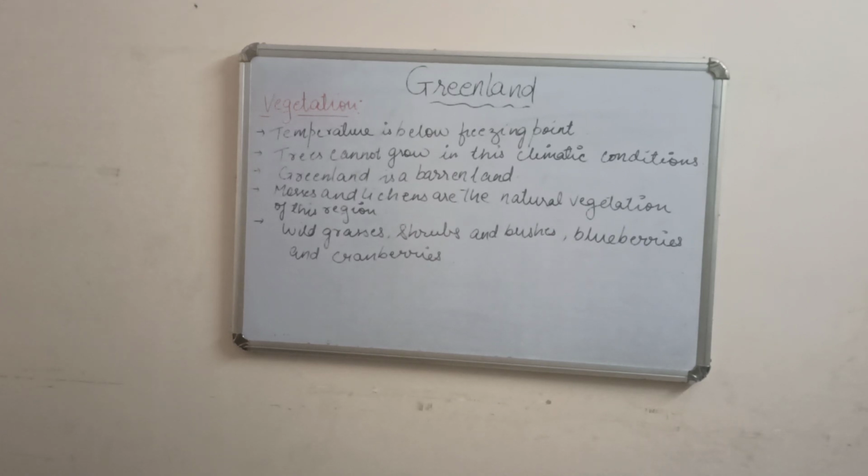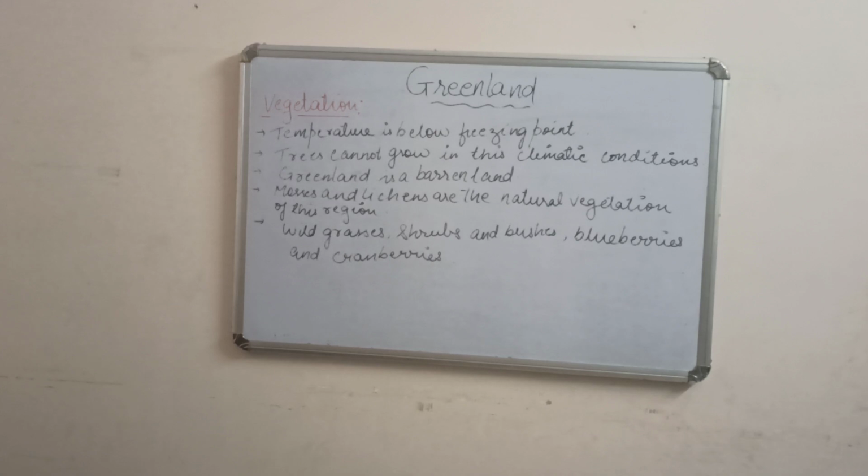The temperature in Greenland remains near or below freezing point. So as a result, trees cannot grow in these climatic conditions. Or we can say that Greenland is a barren land.